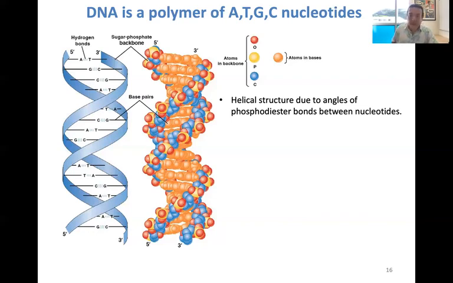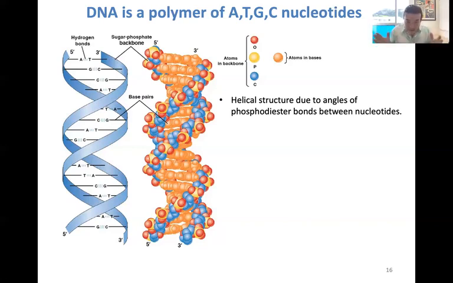Okay. So where does this helical structure come from? Why isn't DNA just a flat ladder? It comes from the fact, again, that the individual bonds between the atoms are not really straight lines. They're going to be angles because the atoms that they're linking together want to be in positions that are energetically favorable, stable.